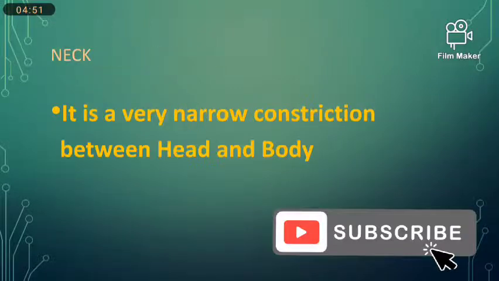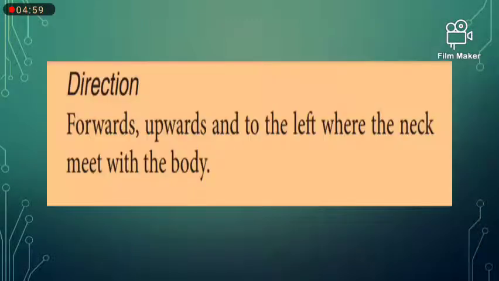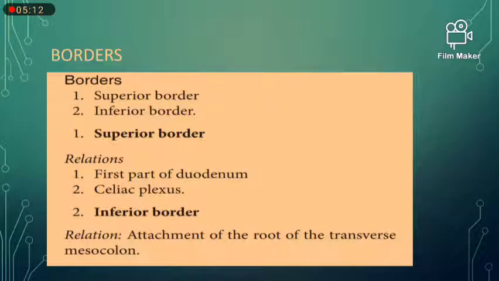Neck: it is a very narrow constriction between the head and body. Length is only 2 cm. Direction: it is directed forward, upward and to the left, as per the total direction of the pancreas, and it meets the body.